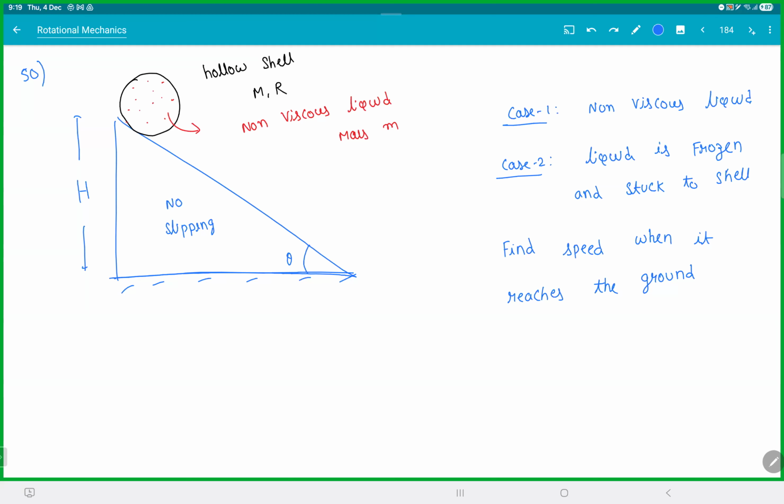How do we approach this? I think it's a good one. What difference does it make if you have a liquid and if it becomes an ice ball?